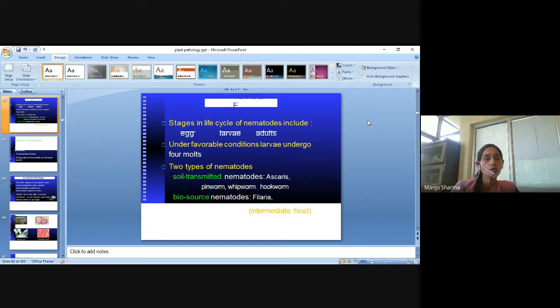There are two types of nematodes: soil transmitted nematodes, for example Ascaris, pinworm, whipworm or hookworm, and the biosource nematode, which is the filaria. For these there are intermediate hosts.